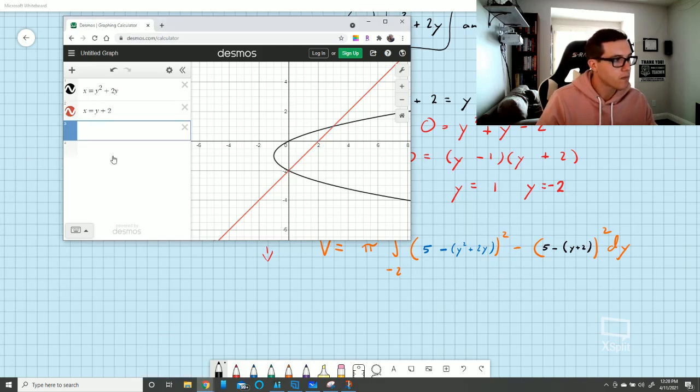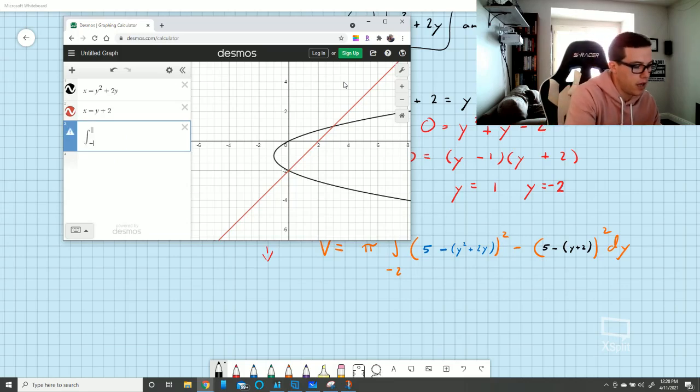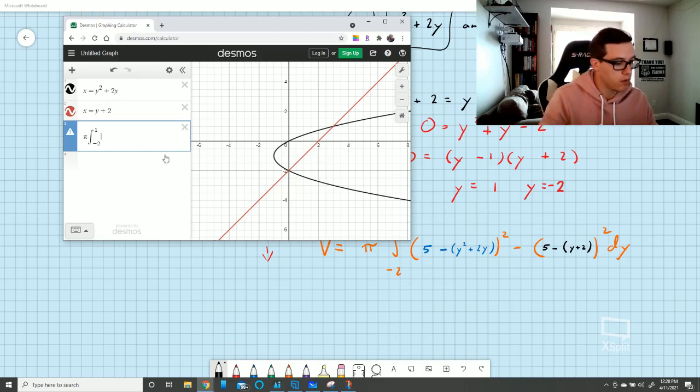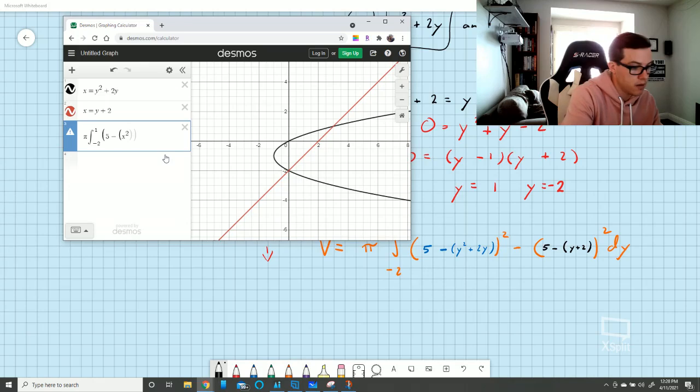So what you can do is integral from -2 to 1. FYI, I think I figured out how to get it so I can show you my calculator on the screen. I'll play around with that next week while we're in class. 5 minus, again, I'm going to do that thing where I just switch back to x's, just to remind you that that's a thing. So that whole guy squared.